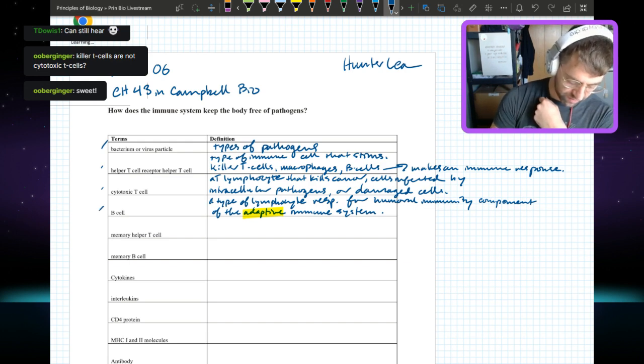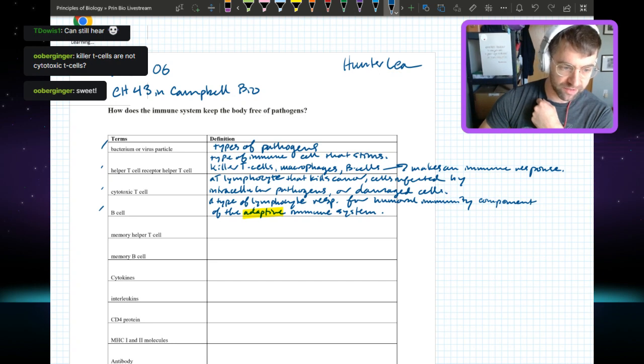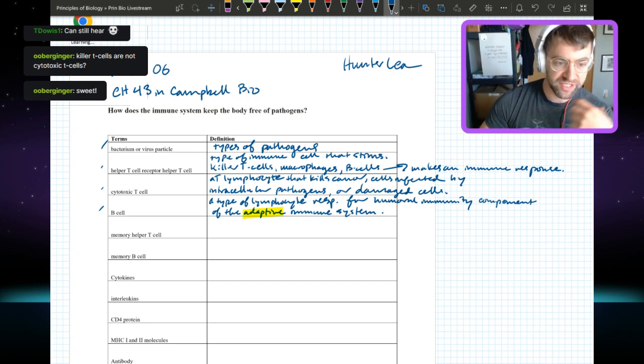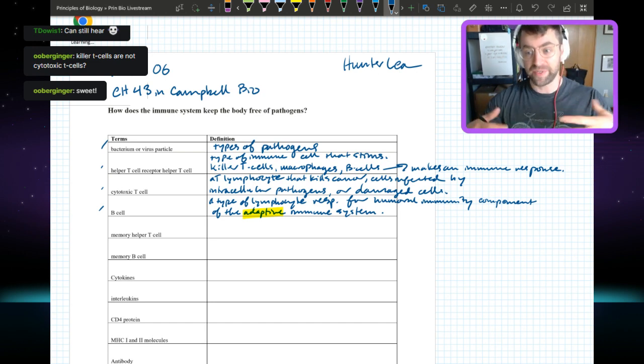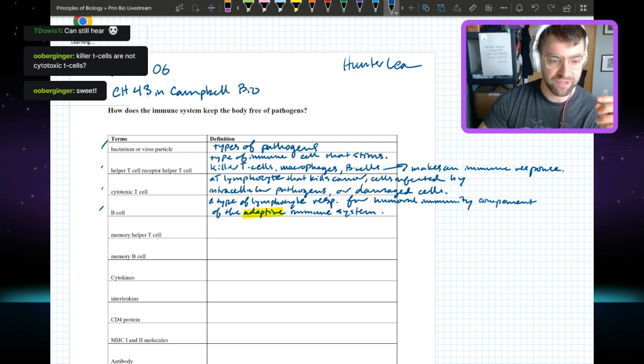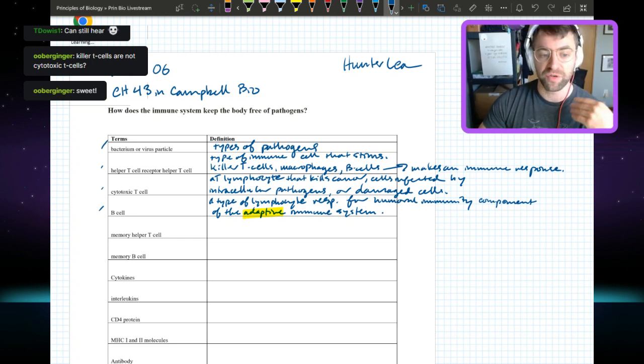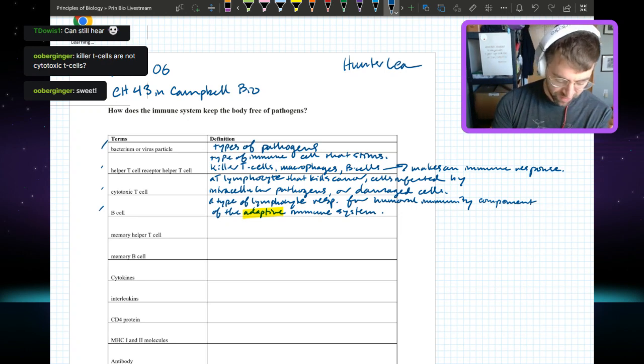Next we have memory helper T cells. Memory T cells are antigen experienced cells, meaning they have experienced an antigen associated with a pathogen, that mediate a faster and more potent response upon repeat encounter with an antigen.